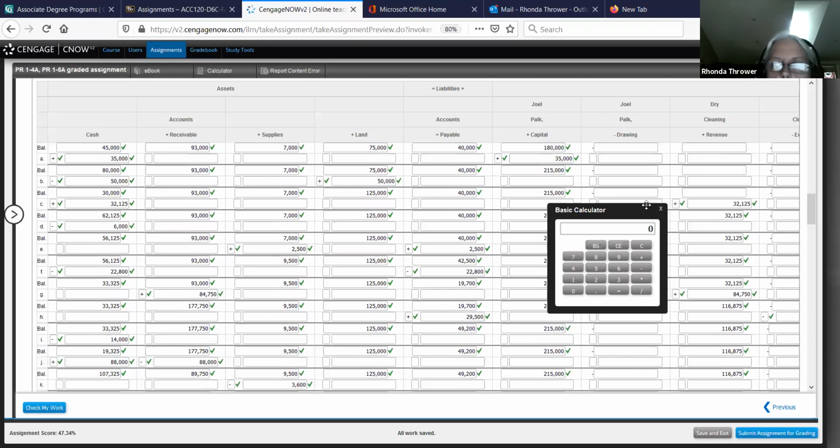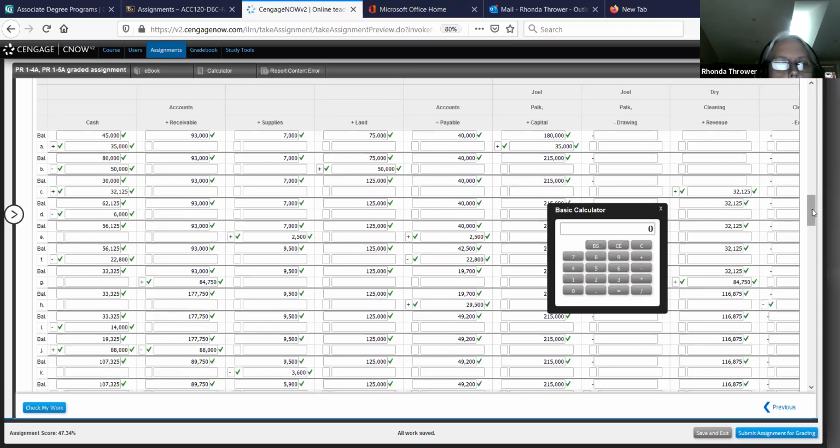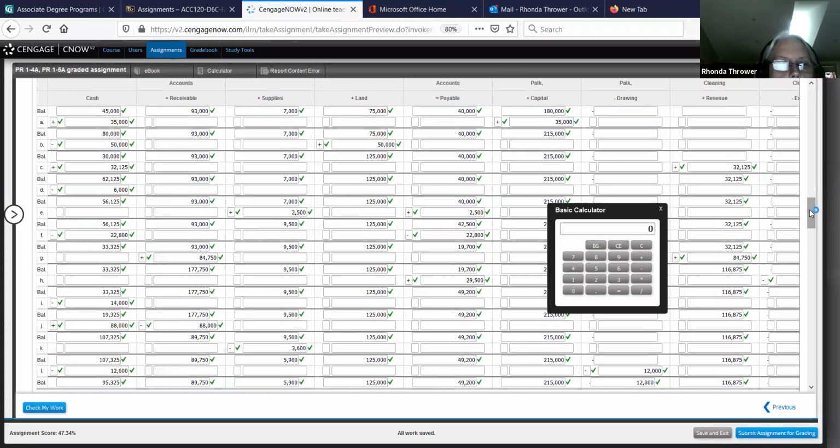Here's my cash account. I'm going to look at my cash transactions. And you can see I have an increase in cash right here of $35,000.